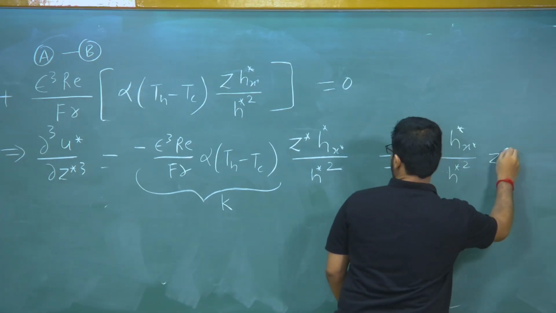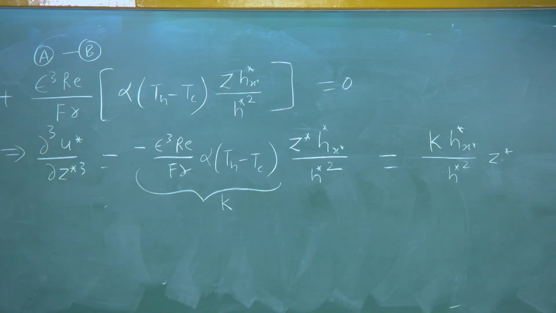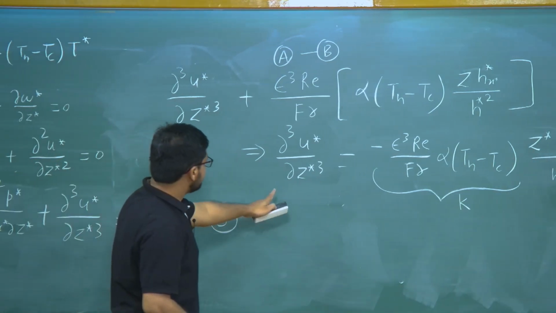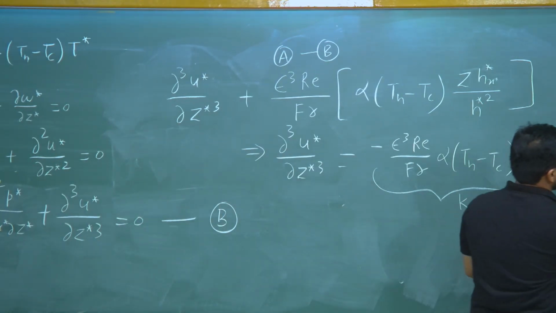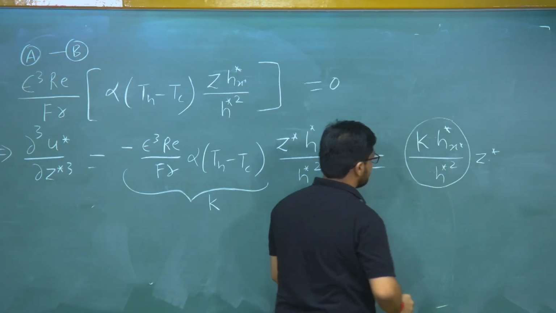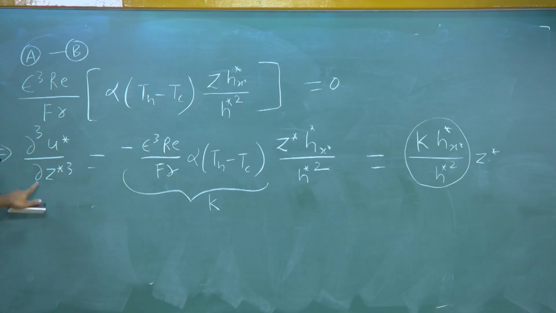Okay. Again, on the RHS all these terms depend on x because h is a function of x only, so you can integrate it directly with respect to z and get u.